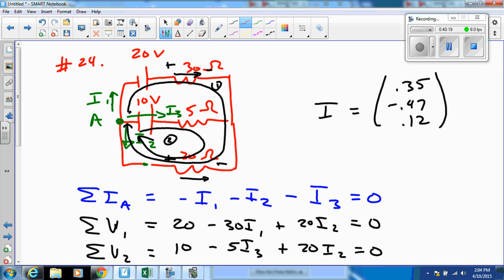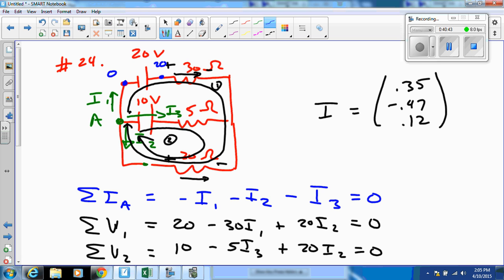Second thing I want to check is voltages. And I'm going to do that by picking a point to be ground, a point to be 0. I'm going to start with this point at 0 volts. Then I'm going to go around the circuit and label various points and look for consistency. If this point is 0, then this point has to be at 20 volts. Everybody see that?